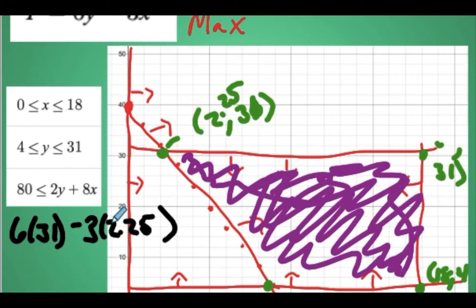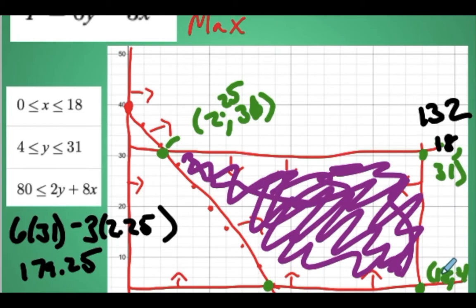So 6 times 31 minus 3 times 2.25, and I would get 179.25. Then I would plug in my next coordinate. So I'm going to go over to here, which we said was at 18, 31. So 6 times 31 minus 3 times 18. We would get 132.